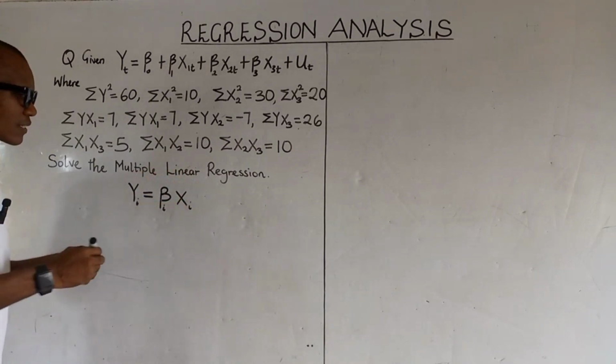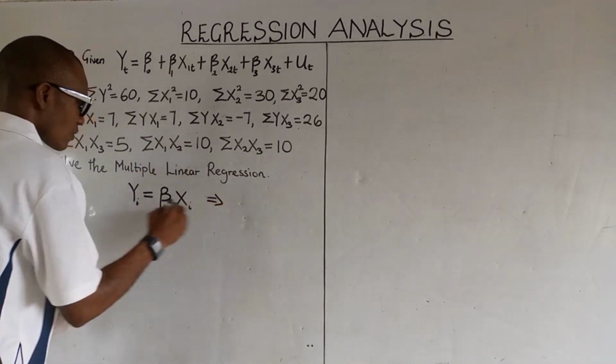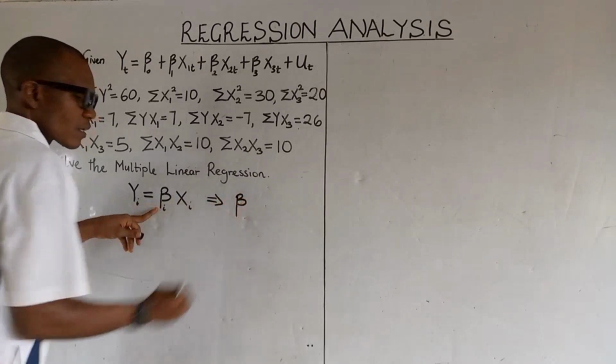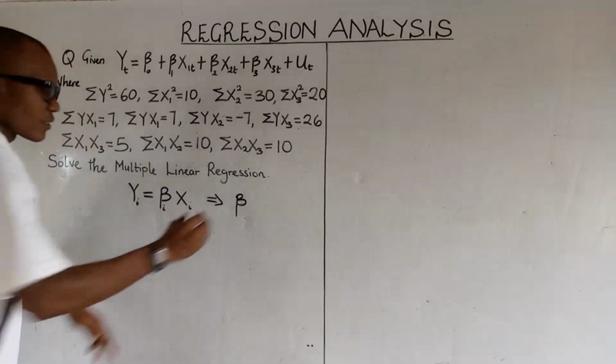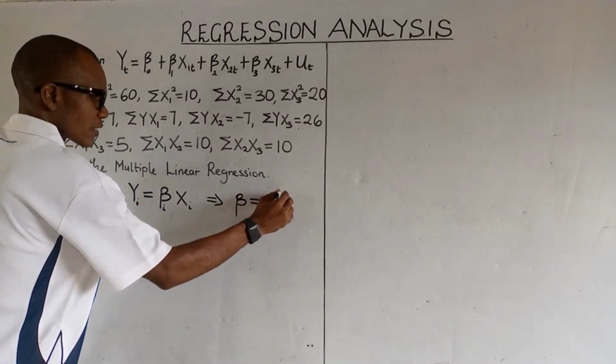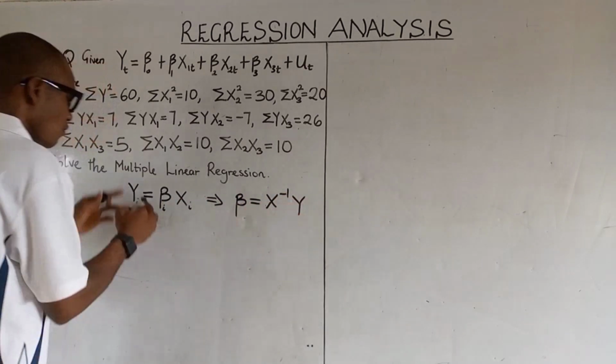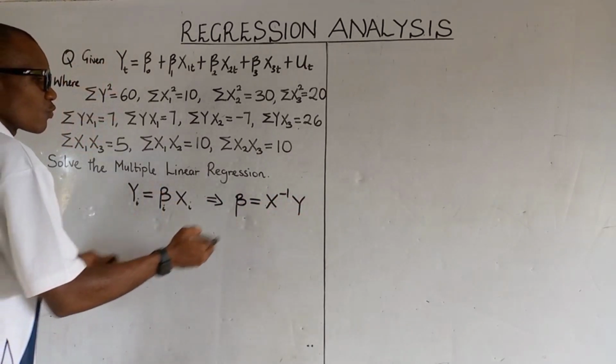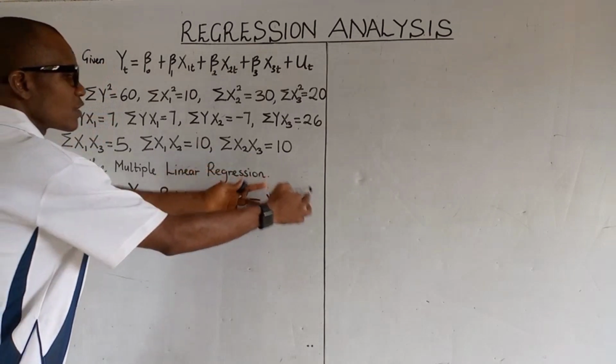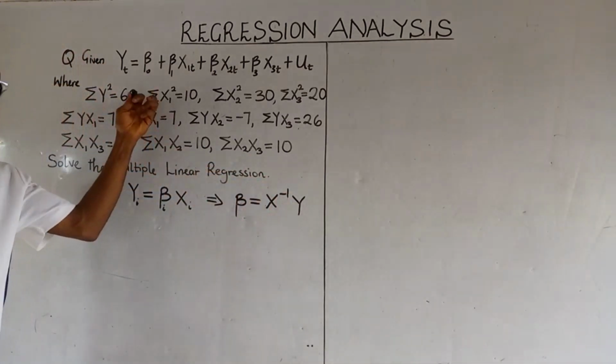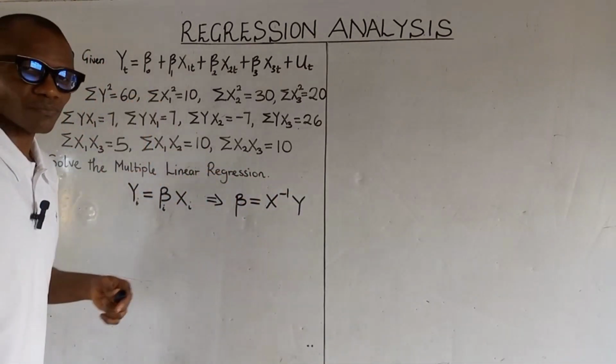For me to do that, it implies that we make this our subject of formula, giving us x inverse of y from what we have written here. So we need to put the matrix form in this format to be able to complete this equation.